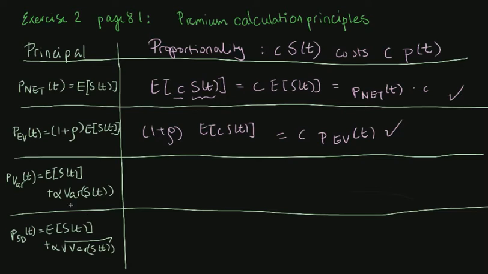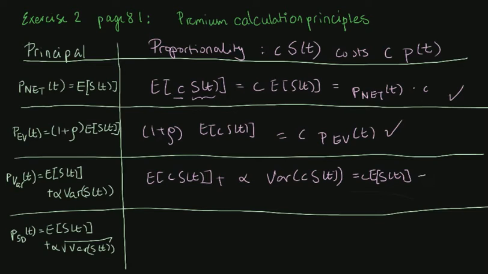Now let's take a look at the variance principle. The problem with the variance principle is not the first term. The first term is fine, but on the second term we see that if I multiply S of t by c inside the variance, then the second term will be scaled up too much when I take out c.